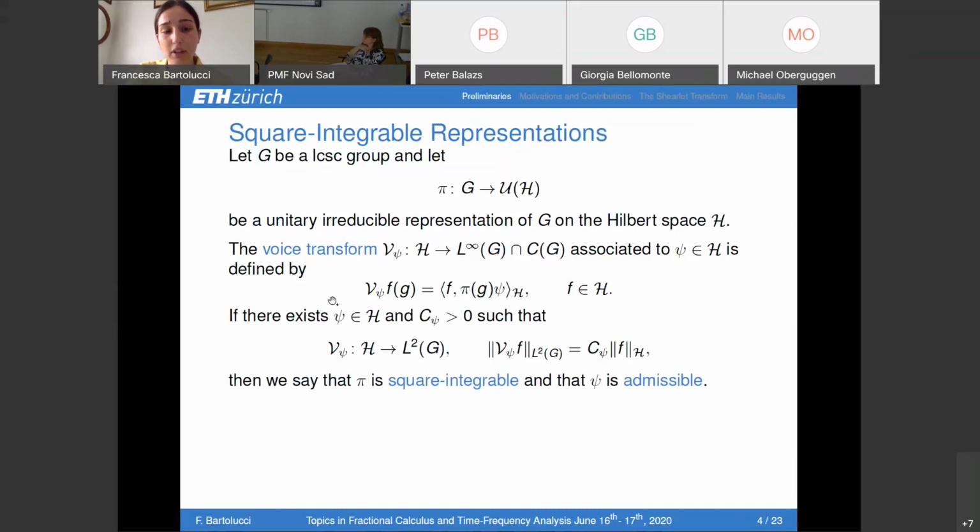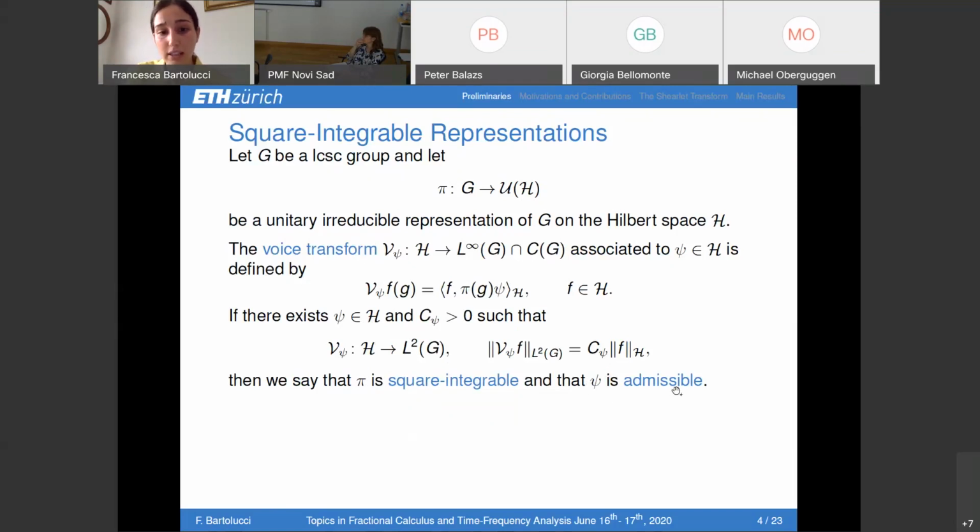If there exists a function psi in the Hilbert space such that the voice transform takes values in L2 of G and is a non-trivial multiple of an isometry, then we say that the representation is square integrable, and we say that the function psi is an admissible function.